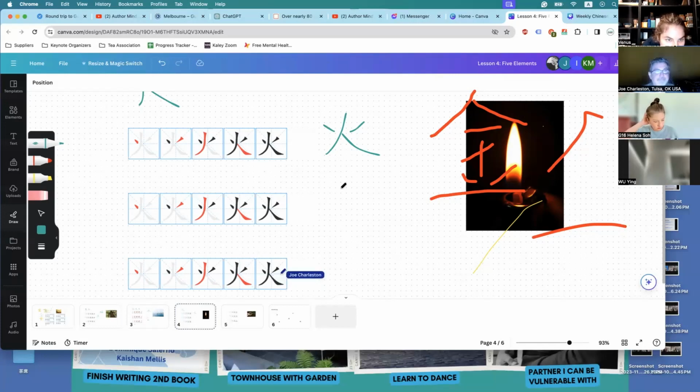Because before you sort of sounded like you're saying who. So oh, you need to open your mouth a little bit bigger than who. So it's hollow inside. 火. Yes, that's it.